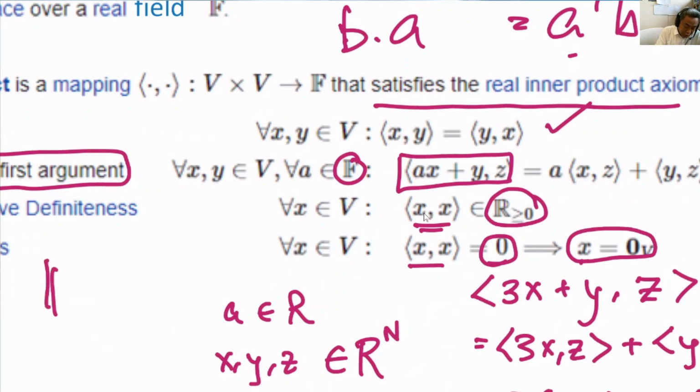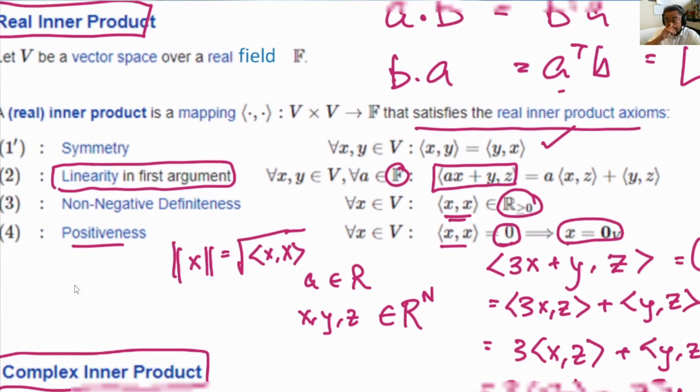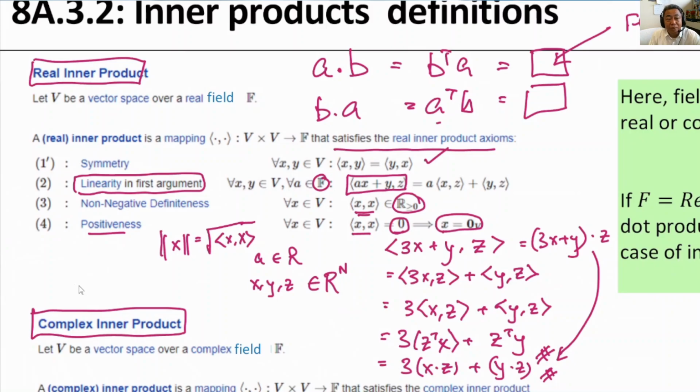So really the norm of x is typically defined as the square root of the inner product of the same element. Since this is always positive, we can take the square root, and it equals 0 only when x is the 0 vector. So the norm is defined as the length, and the length must be greater than or equal to 0. Now we have figured out what the real inner product is, and these 4 properties are satisfied by the dot product.